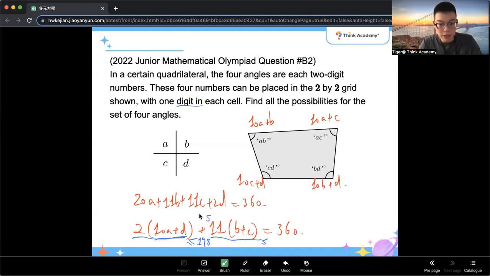So it's going to be greater than or equal to 22 and less than or equal to, what's that? 200, so 162, right? Okay, so we can try the maximum of B adding C. B adding C has a maximum of 18, right? That's going to be, sorry. It's going to be greater than 162.